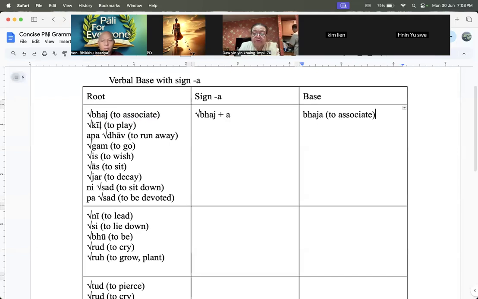By adding the present tense verb terminations ti, anti, si, tha, mi, ma, we get bhajati, he associates, and bhajanti, they associate, and bhajasi, you associate, and bhajatha, you plural associate, and bhajami, I associate, and bhajama, we associate.